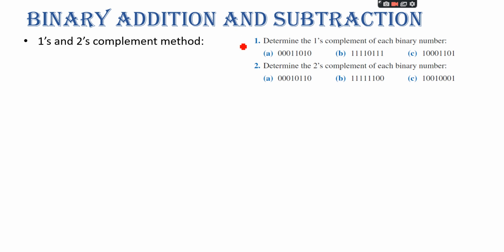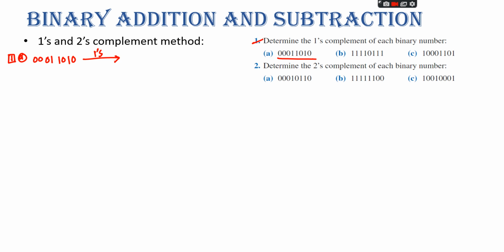Okay, so for the ones complement method, if I take number 1a, this is my number, 0 0 0 1 1 0 1 0. If we want to take the ones complement of this number, we just need to replace 0 with 1 or 1 with 0.